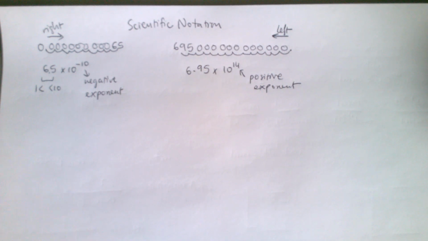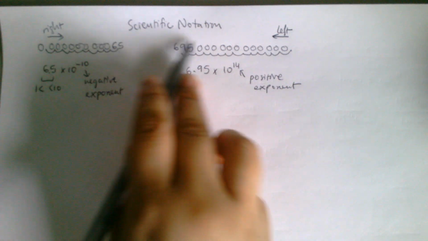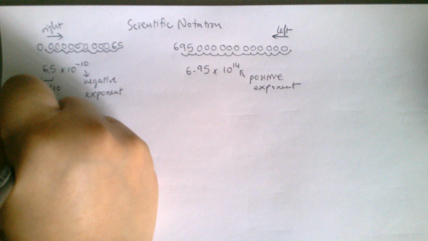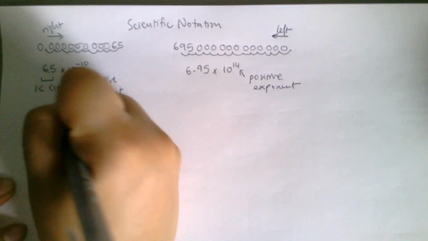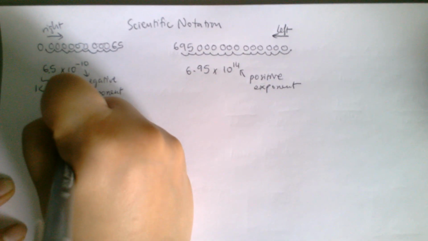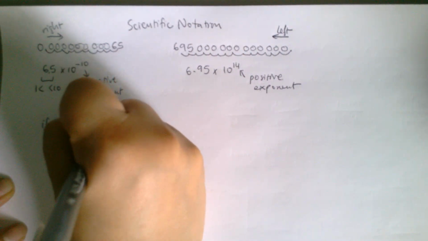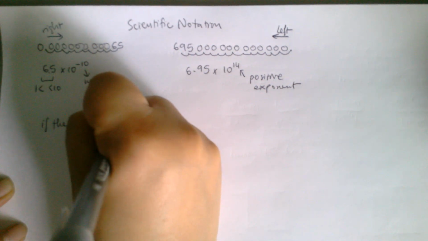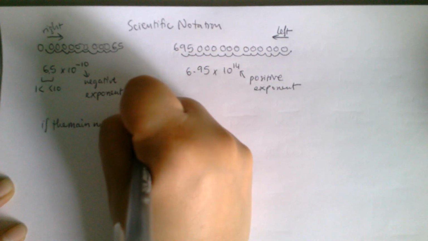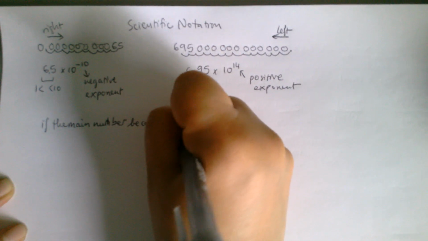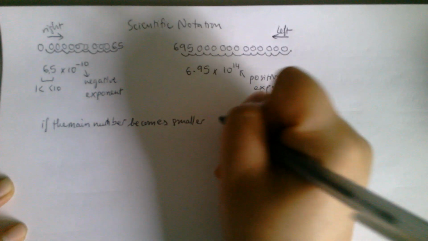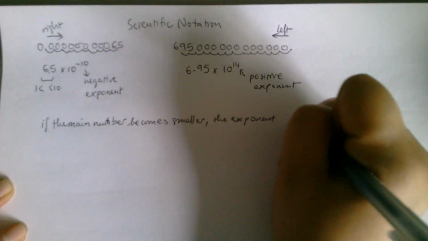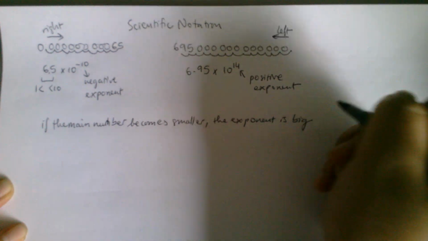One way to think about this, without worrying about how right and left might be confused, is to say that if the main number becomes smaller, the exponent is big.